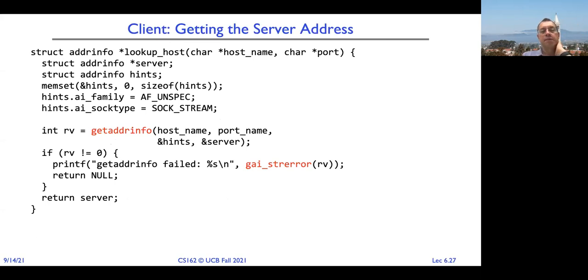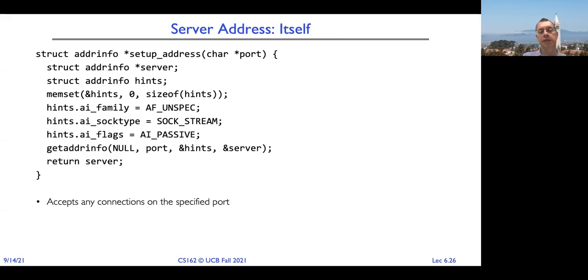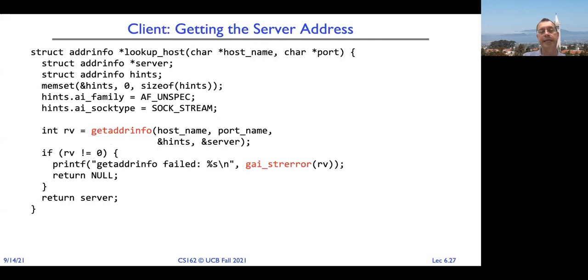So this is from the client side. This is how you set the address, and this is how you get the address of the server from the client, right? So you specify the host name and the port name, and you get the address information, including the IP address of the server. Okay.